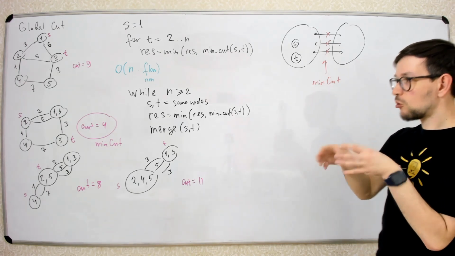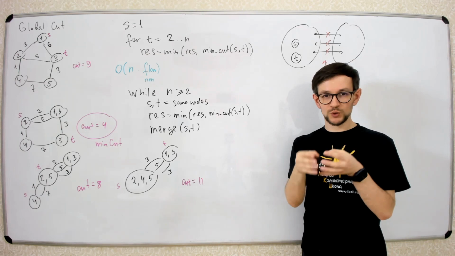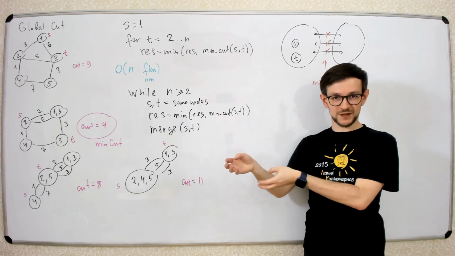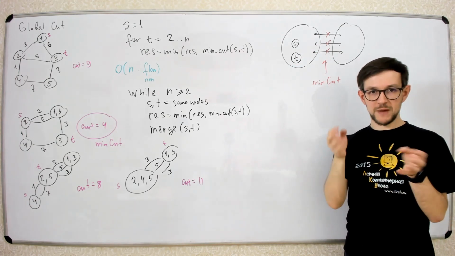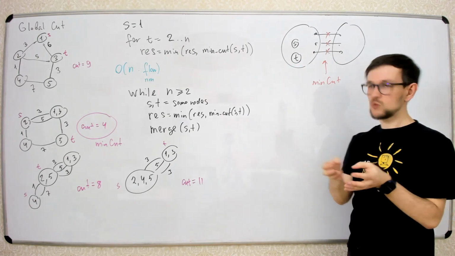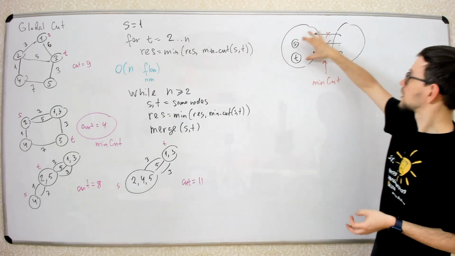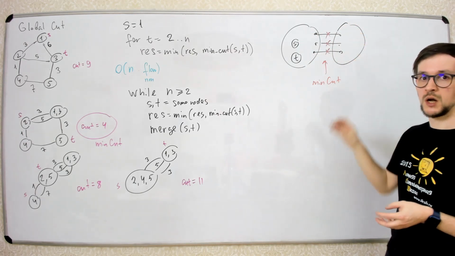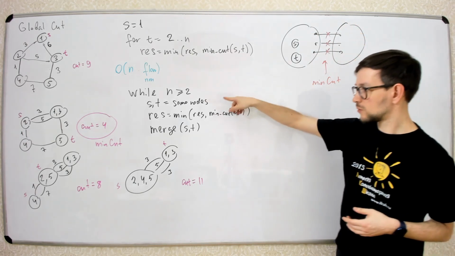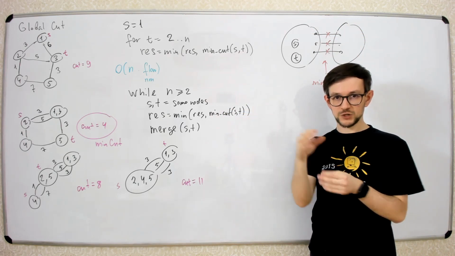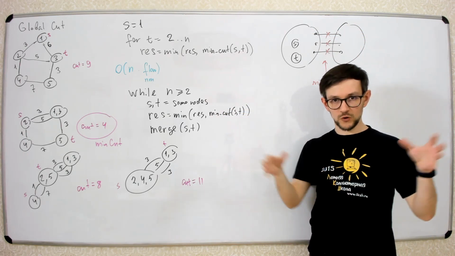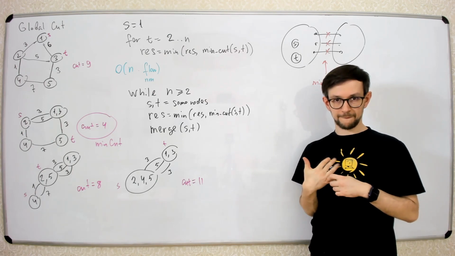Again, a node is something that we can put into one connected component or another connected component. If these two nodes belong to the same connected component, they basically act like a single node. We can put them both here, or we can put them both here. So we can merge them into a single node and solve the same problem for the compressed graph.